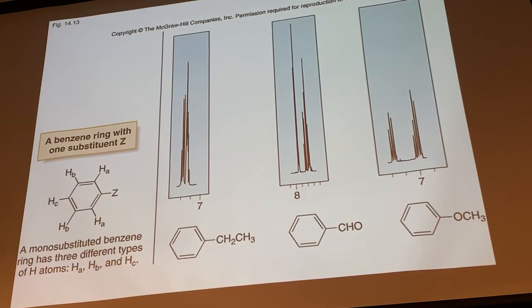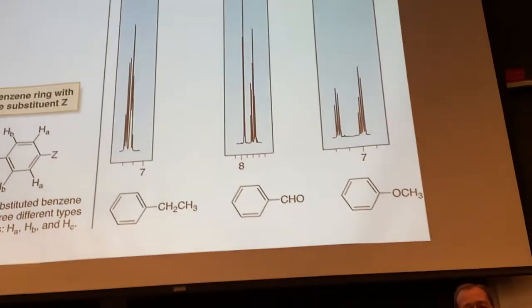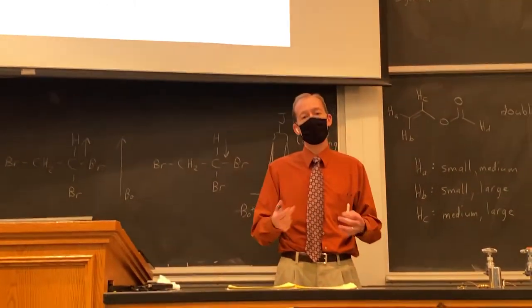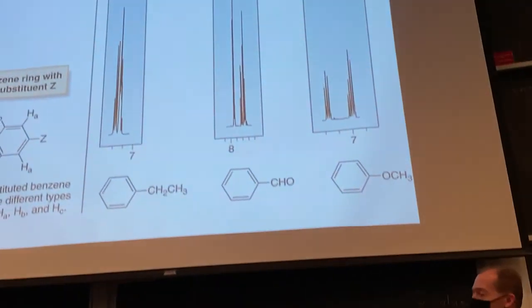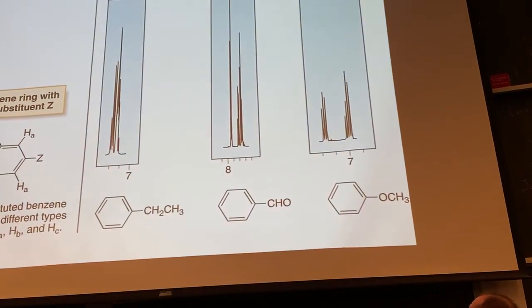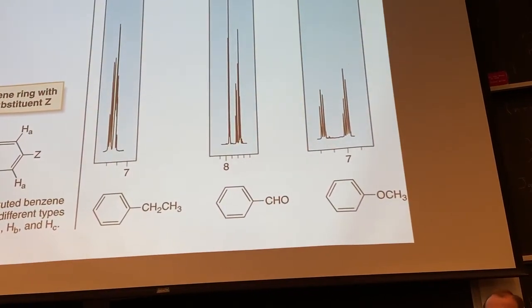This goes back to what I mentioned in our previous lecture, which is that when you have types of hydrogens that are different from each other, but similar, sometimes they overlap. Okay? So what you're seeing here is overlap between two of those types of hydrogens. Over here, you're also seeing some overlap.